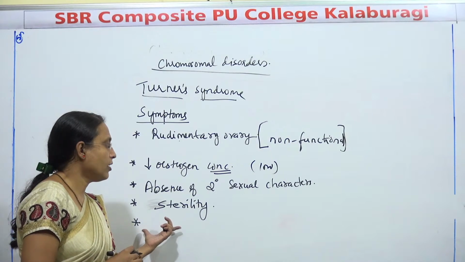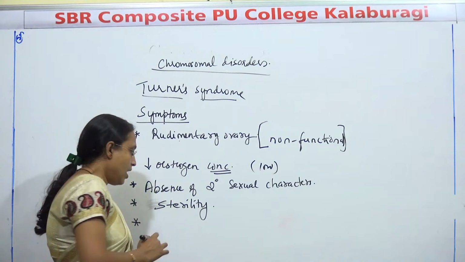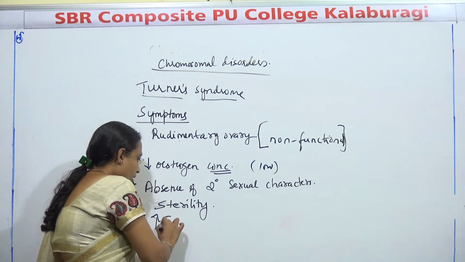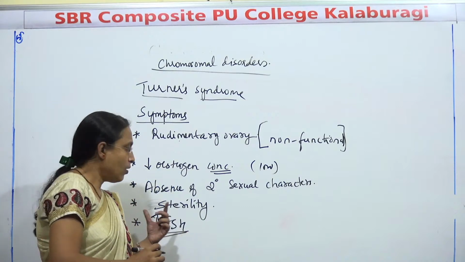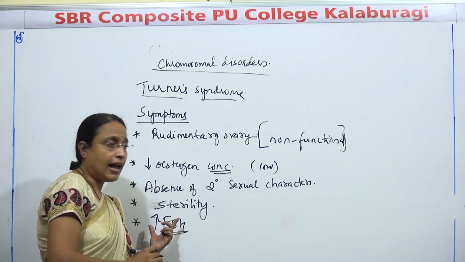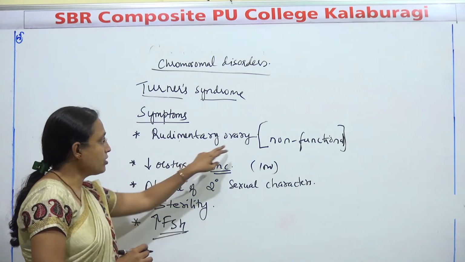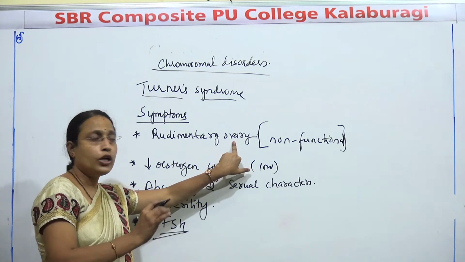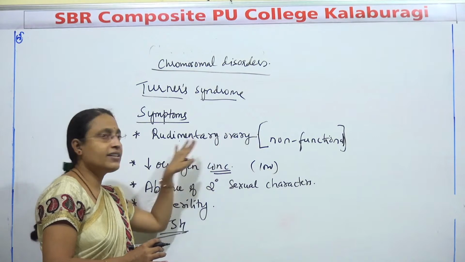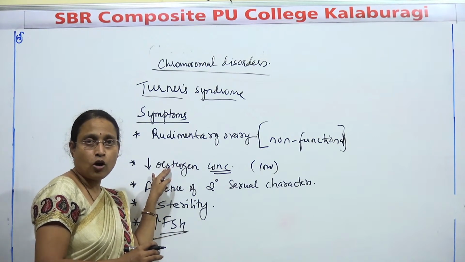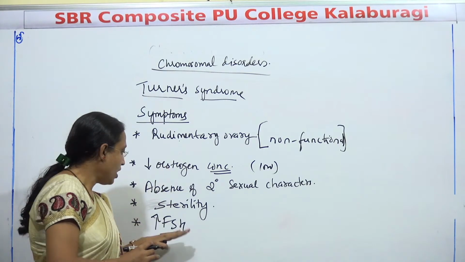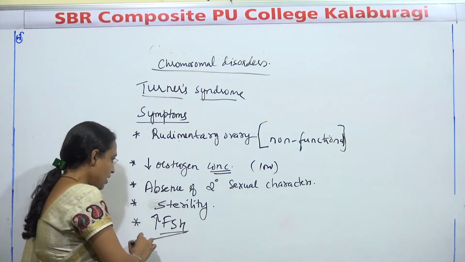But there can be high FSH, gonadotropins like FSH. When gonadotropins are at a high level, they bind to the target organ, the ovary, to induce it to produce estrogen. But the ovary itself has become rudimentary, so estrogen cannot be produced. So FSH can still be high.